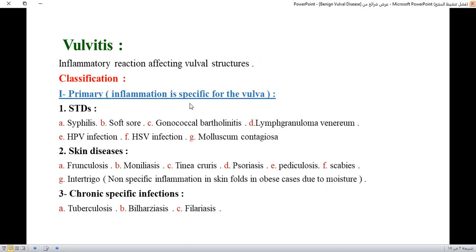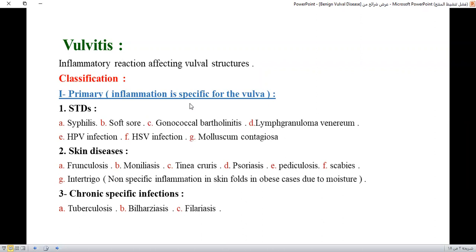We repeat, vulvitis means an inflammatory reaction affecting vulval structure. Classification is either primary or secondary. Primary, which means specific for the vulva, includes sexually transmitted disease like syphilis and soft sore, and skin disease like moniliasis, tinea cruris, psoriasis, and others, and non-specific inflammation in skin folds in obese cases.